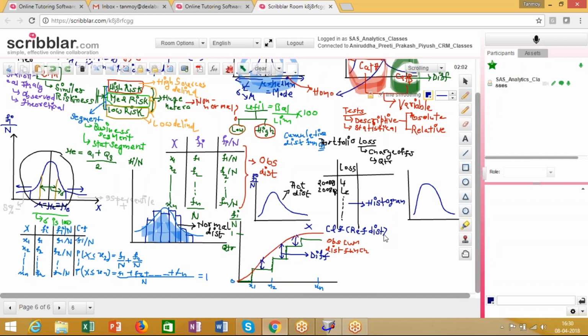Because in this test, if you observe, we are focusing on the observed distribution, and we are trying to understand whether that observed distribution follows a reference distribution or not. We are not parametrically assuming that X has to follow a given distribution. We are testing whether X follows a given distribution or not. So this kind of test is known as a non-parametric test.